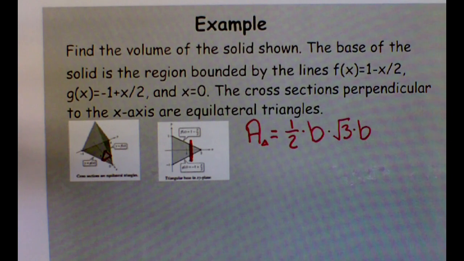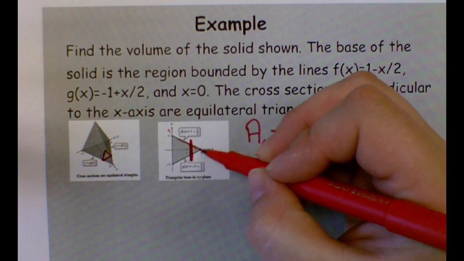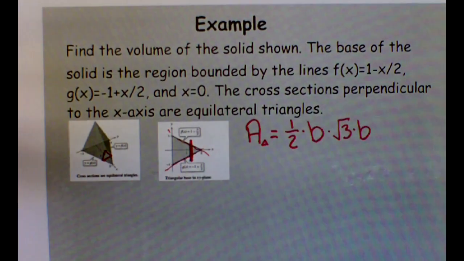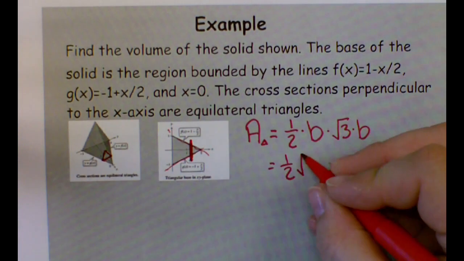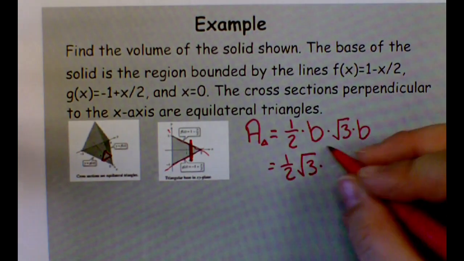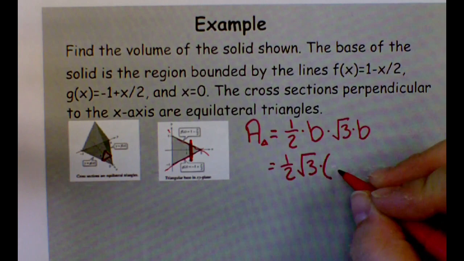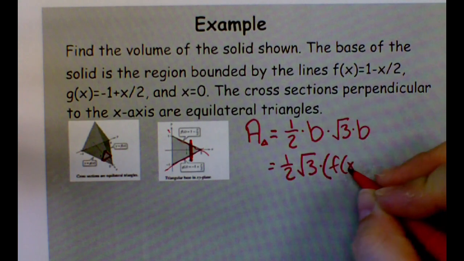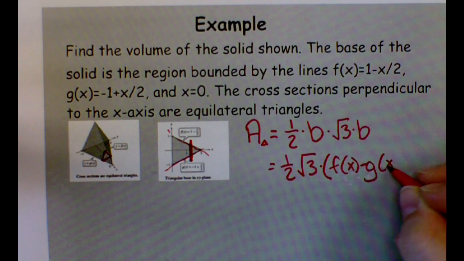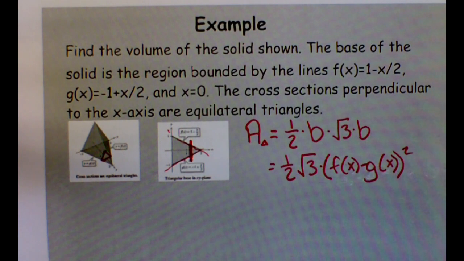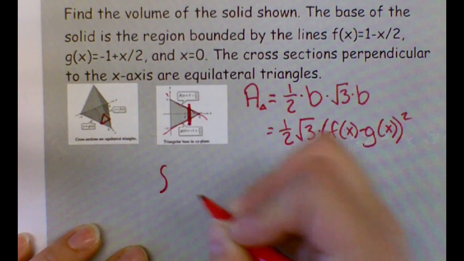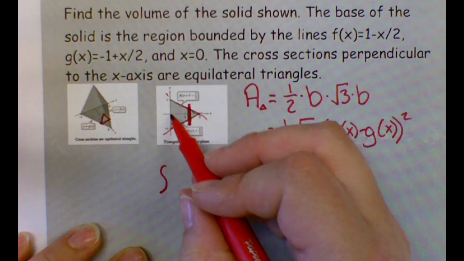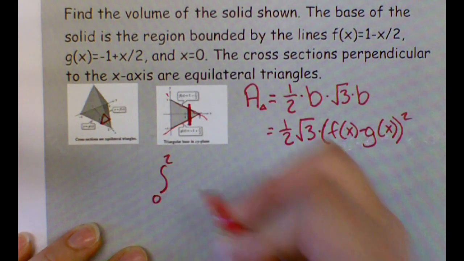But what is the base? Well, the base is f of x minus g of x. So the area of this triangle is 1/2 square root of 3 times f of x minus g of x, squared. That's the area of one triangle. I need all of them, so I need the integral from 0 to 2 of this.